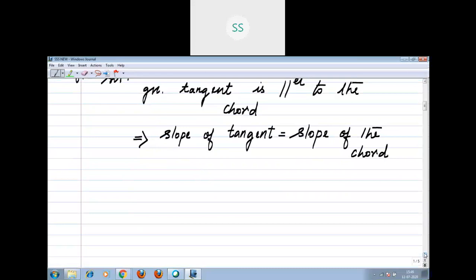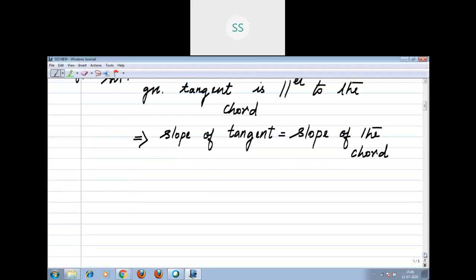First we want to find the equation of the chord. What is given? Slope of the tangent equal to slope of the chord, as I wrote here.